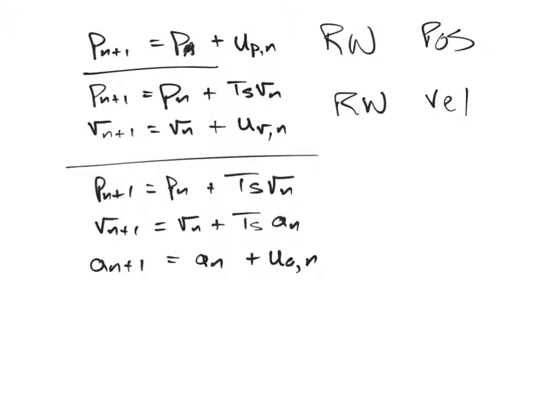More realistically, usually the thing that can change suddenly is the acceleration. And so you could also take it one step further and have the acceleration be a state variable, and you can model the acceleration as a random walk. Or you can make any of these or all of these autoregressive processes as well. When you're tracking human motion, I know that the acceleration is not going to be sustained.